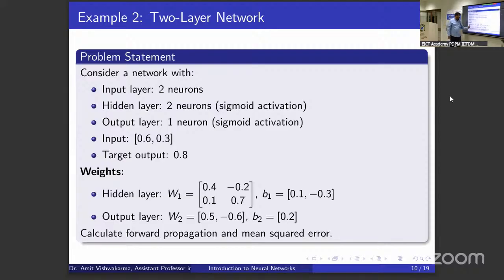So start with the hidden layer. These parameters are given: 0.4, minus 0.2, 0.1, 0.7, and some B1 is given, and W2 is given. Take 5 minutes. Now check, in this matrix form, are you able to compute the final value in the next slide? After 5 minutes, I will show you the solution.